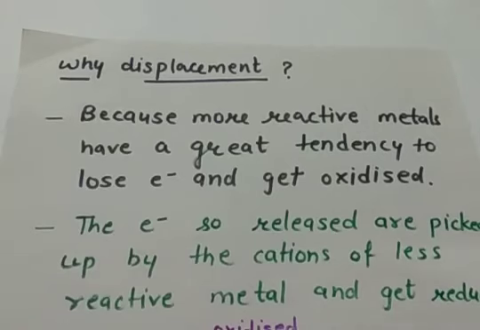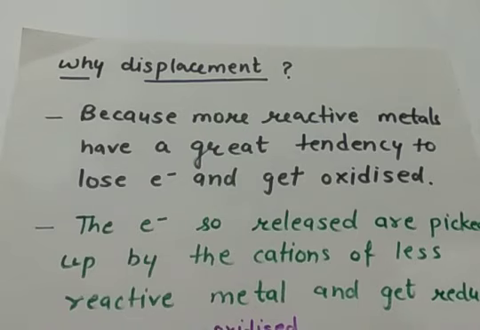Now, have you ever thought why this displacement is happening, or why more reactive metal is coming into the place of less reactive metal? The reason is that the more reactive metal has a great tendency to lose electrons and hence gets oxidized.